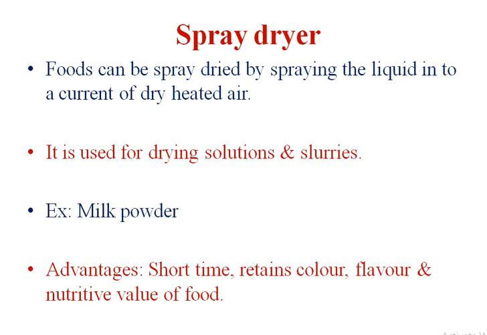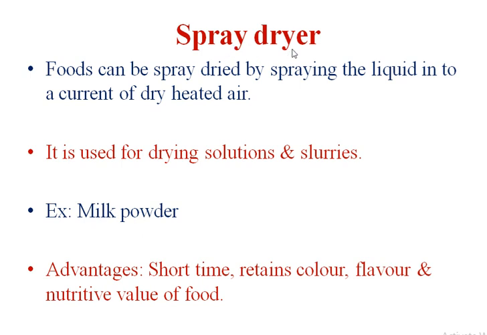Next type of dryer is the spray dryer. Foods can be spray dried by spraying the liquid into a current of dry heated air. In this type of dryer, liquid foods can be dried. It is used for drying solutions and also slurries. For example, milk can be dried and converted into milk powder using this spray dryer.